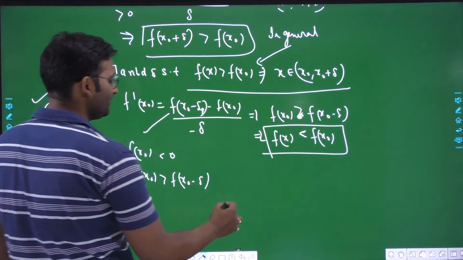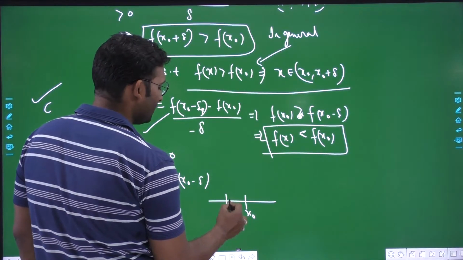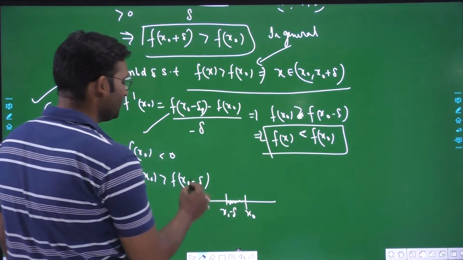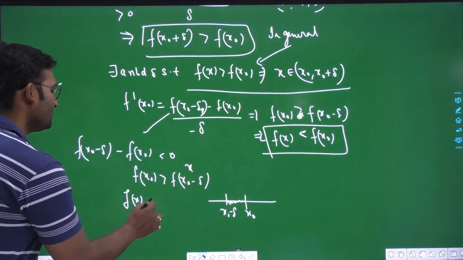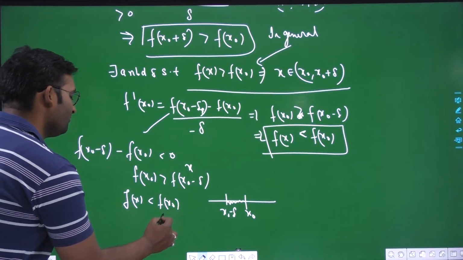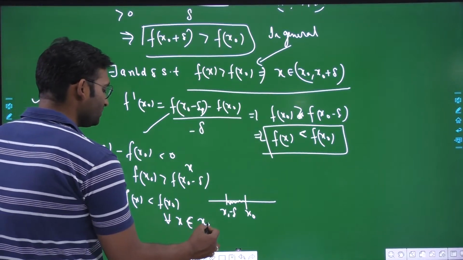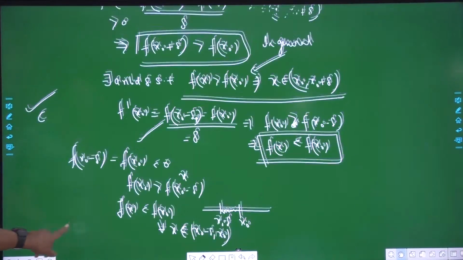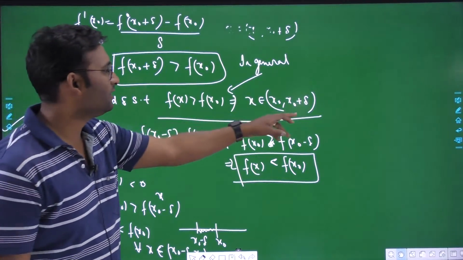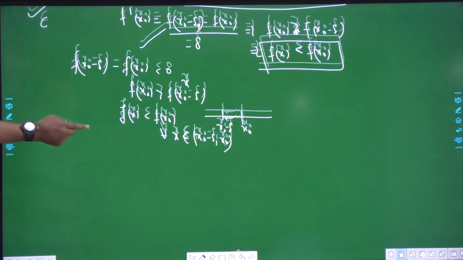Now since del is arbitrary, in this particular neighborhood I can write this particular thing to be x. So clearly f of x will be less than f of x naught for all x belonging to x naught minus del comma x naught. And for all x belonging to x naught comma x naught plus del, I can write that f of x will be greater than f of x naught by the definition of differentiability.